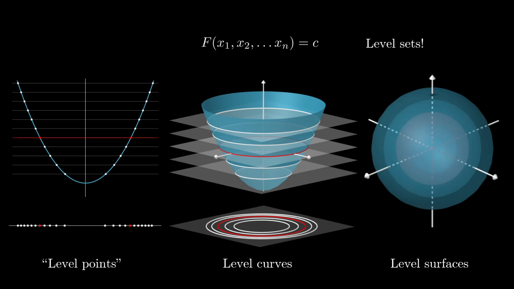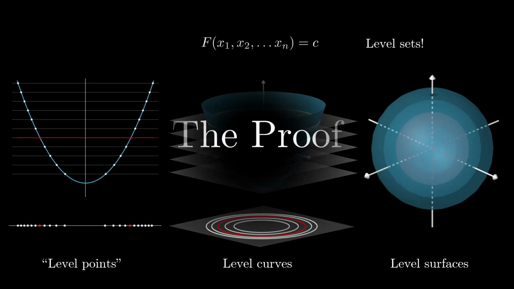So we are seeing that implicit surfaces are just a single case of what is called level sets. Okay, so with this in mind, we're now prepared for the proof. So let's see the proof.